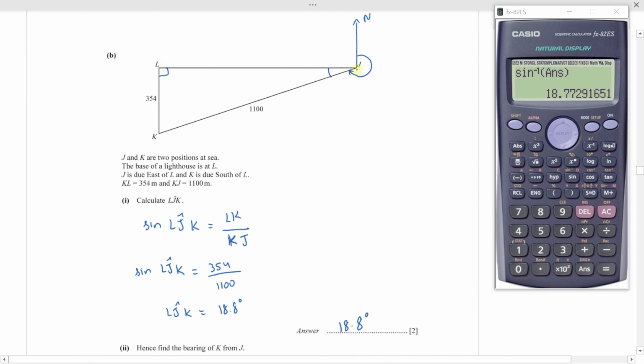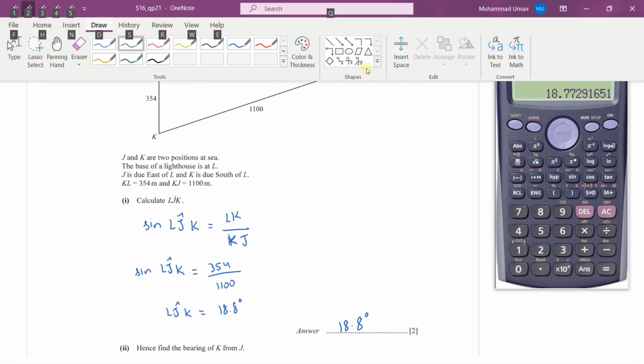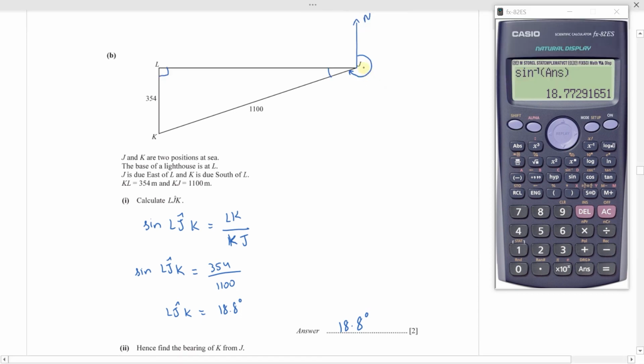And since J is due east of L, that means L is due west, so this is west of J. So that means this full angle up till this point, let me draw this again. So this full angle here is 270 degrees because this point L is west of J.